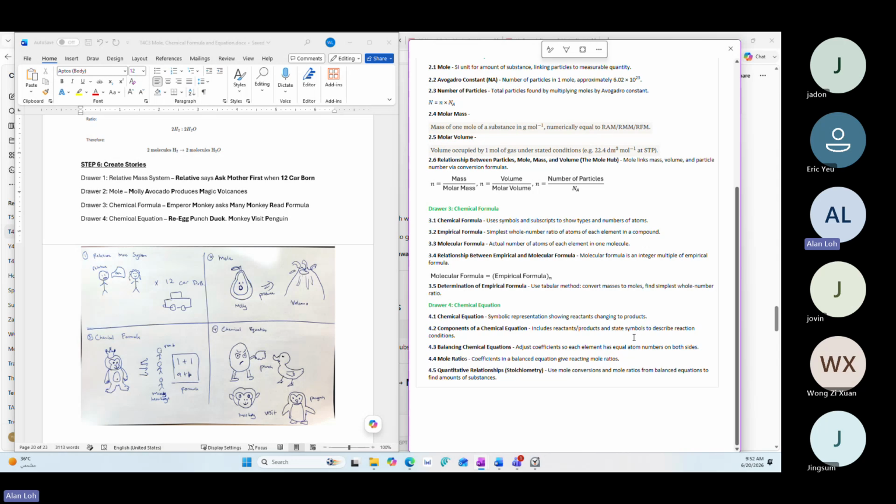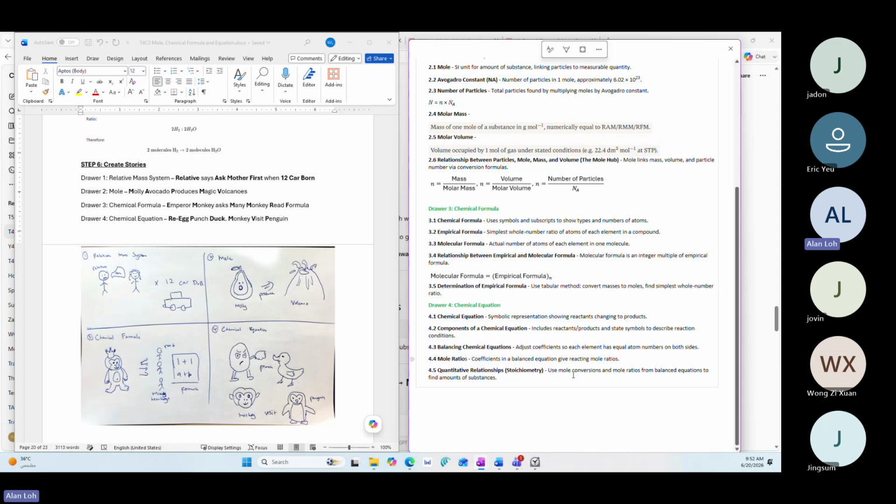There's always a product and there's always a reactant. Reactant plus the product. Product is punch duck, sounds like product. So because in the equation you have two parts here, right? The left side is the reactants. The right side is the products. So this is reactants and products.